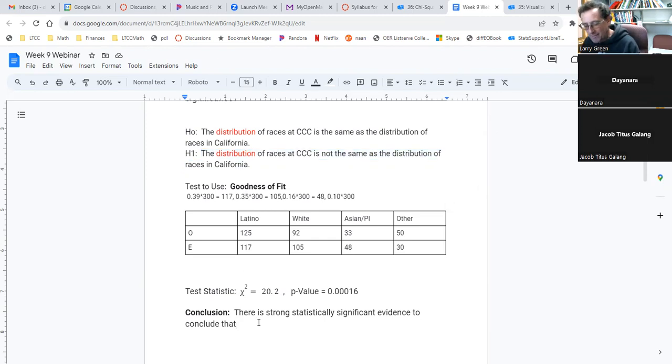There'll be one little tiny more thing, but nothing big. I need to turn it into lowercase. So there is strong statistically significant evidence to conclude that the distribution of races at California community colleges is not the same as the distribution of races in California. Any questions on applying a goodness of fit test?